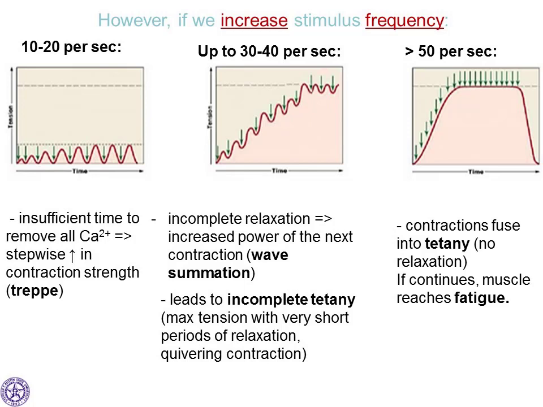Those cross bridges are just working like pistons to hold that muscle in that contracted state. And what happens here, that's your muscle fatigue, that's muscle failure. And you're done. That muscle's not going to contract.